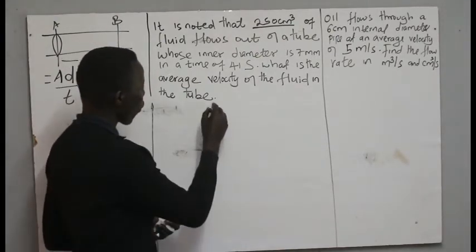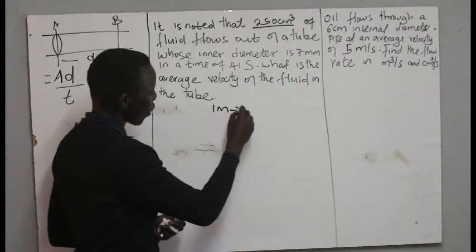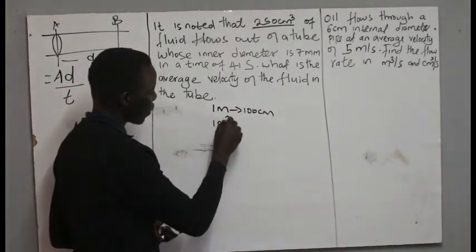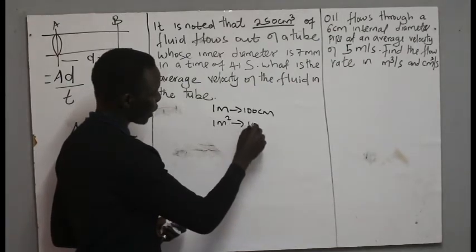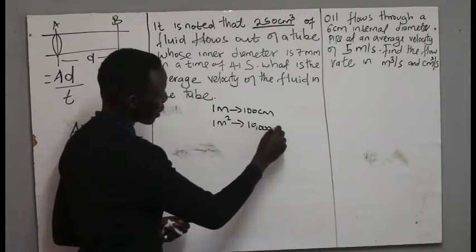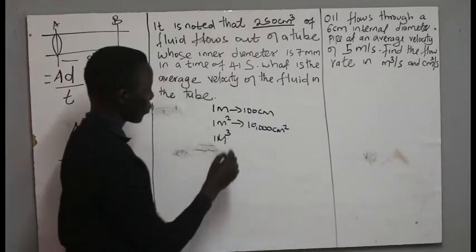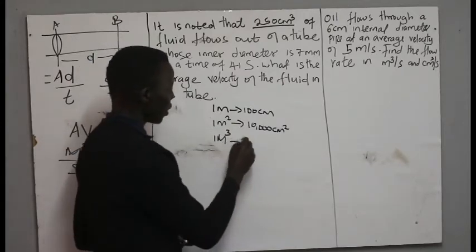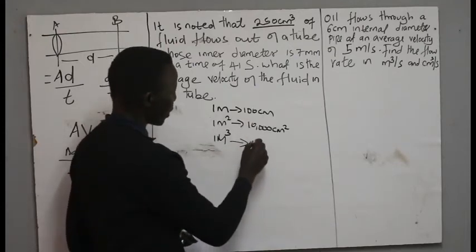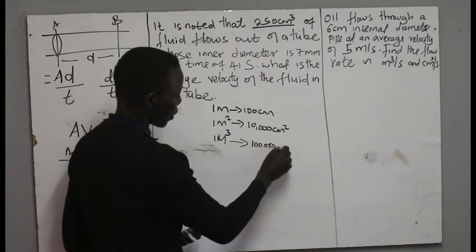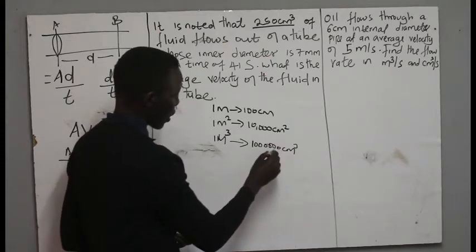If 1 meter is equivalent to 100 centimeters, 1 meter squared is equivalent to 10,000 centimeters squared. Now 1 meter cubed would be equivalent to, we multiply the zeros by 3, add another 0, centimeters cubed.